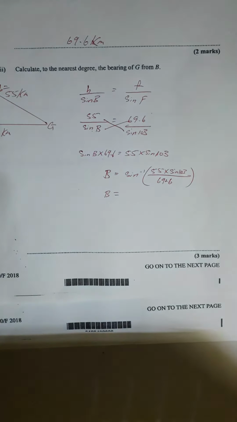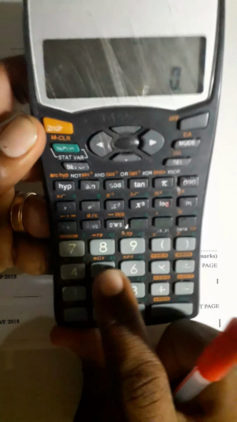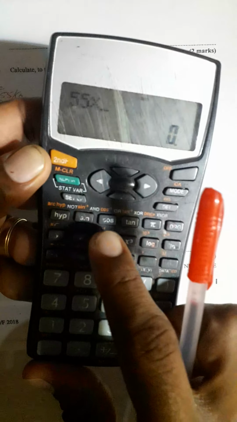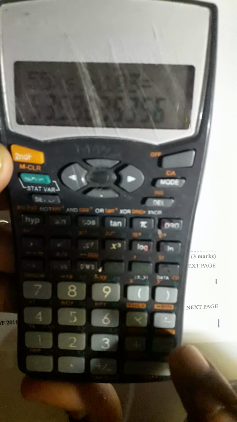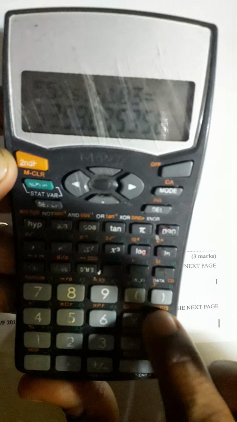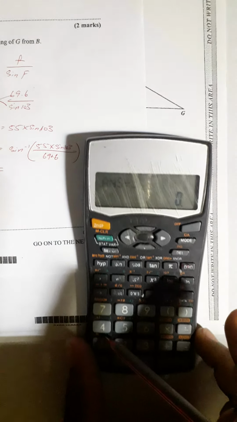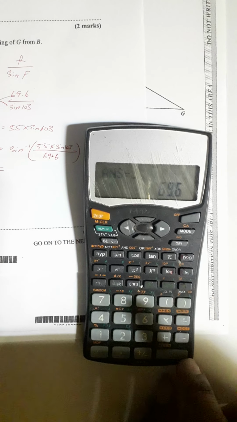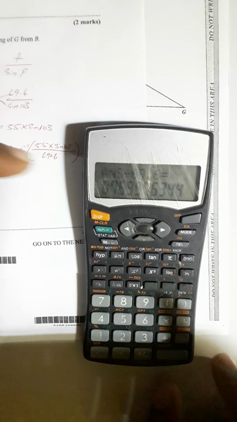So let's see what this will give us. There are different ways you can work it. First, what I'll do, I put 55 times sine 103 equals that, divided by 69.6. When you divide, we have that.